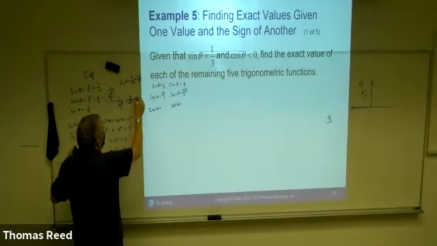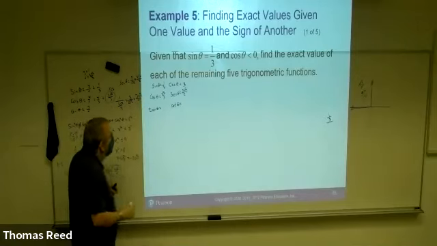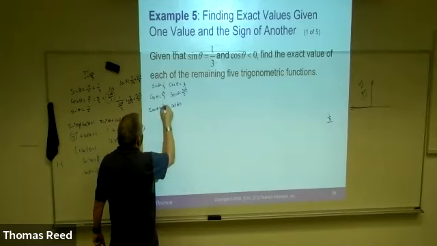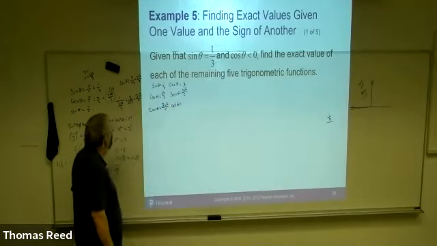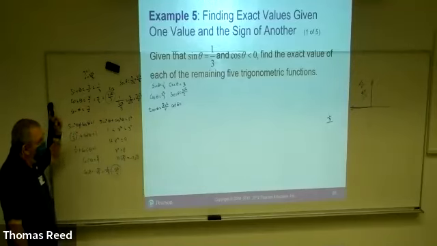Rationalizing my denominator, I get 3 square roots of 2, and this becomes 2 times 2, which is 4. And so this is going to be, sorry, I was wanting to write it the other way, 3 square roots of 2 divided by 4. If you have any questions about how I get to the final number, please don't hesitate to ask.